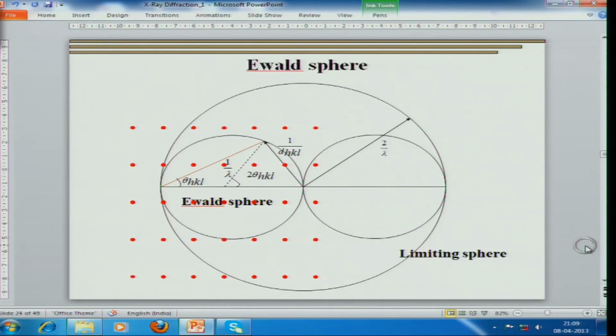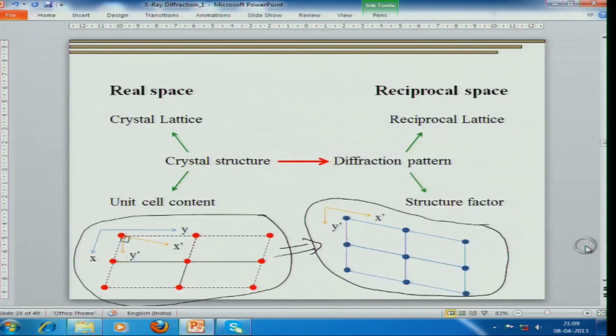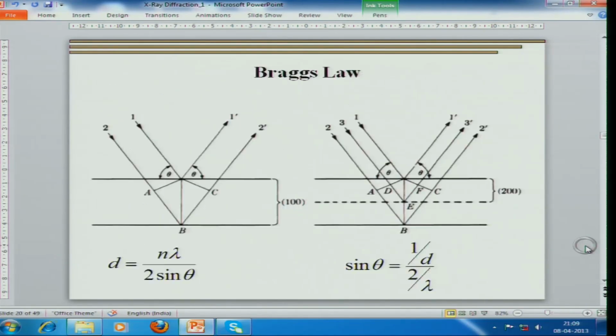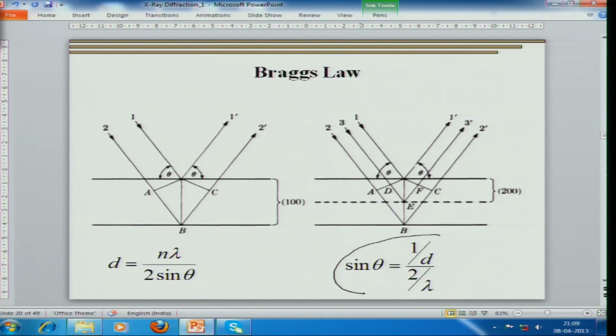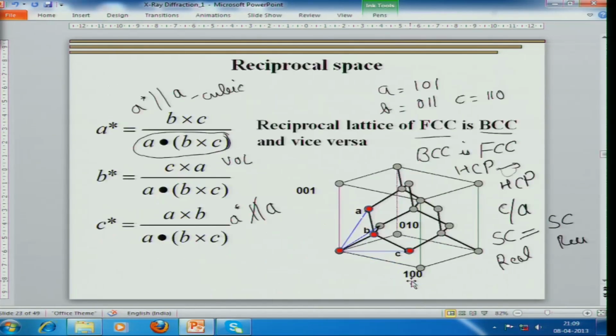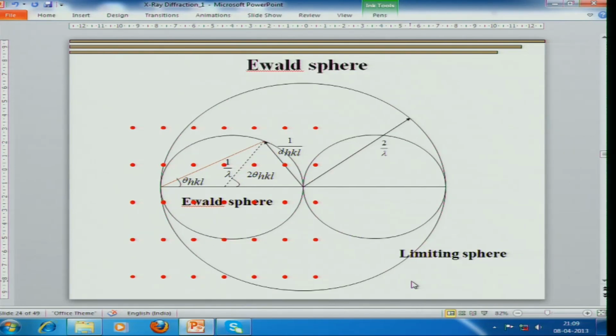Now, in order to understand diffraction, as I had mentioned in the earlier slide, whenever it satisfies this particular condition of sin theta equal to 1 by d over 2 over lambda. To understand the geometry, we can see how diffraction actually occurs.